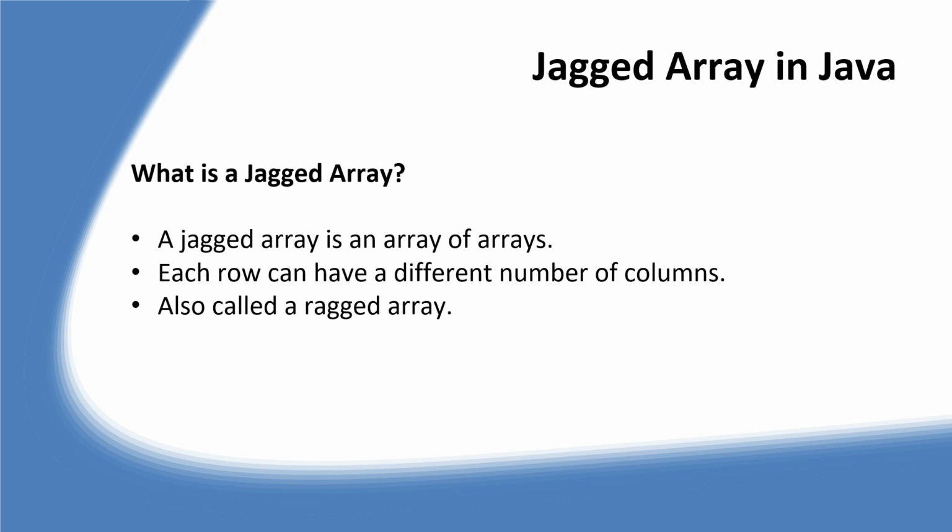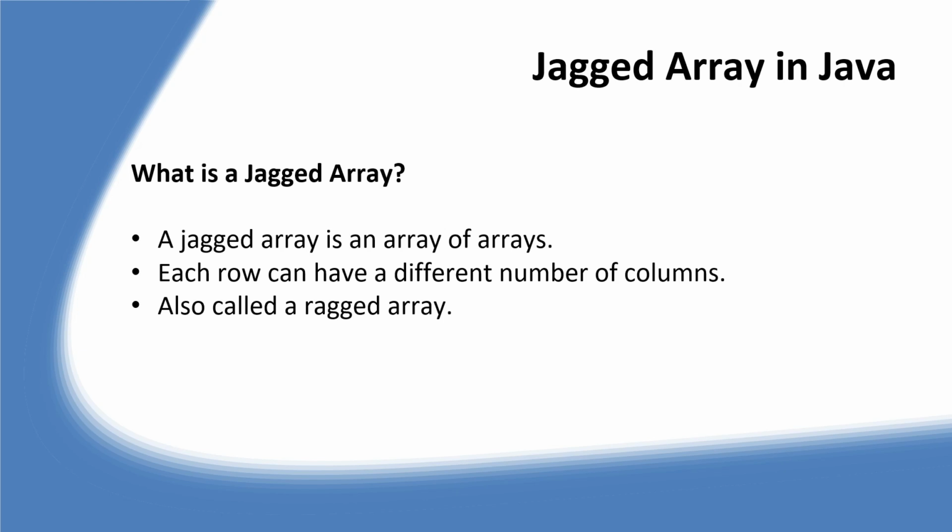So what is a jagged array? A jagged array is a special type of two-dimensional array where each row can contain a different number of elements.